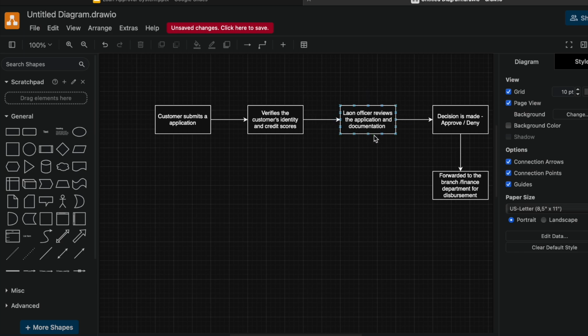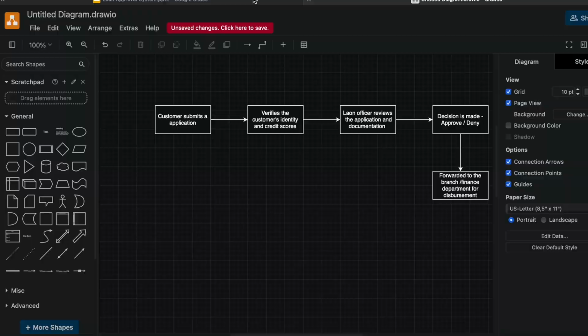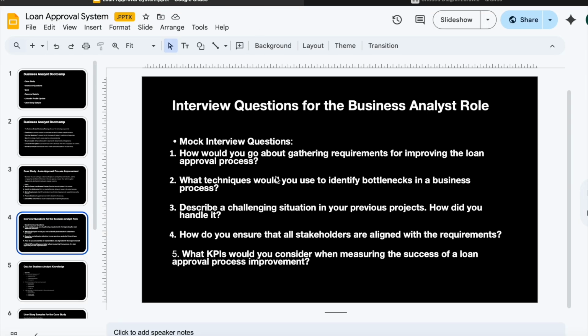So we can meet everyone, arrange a call, and study what the current state is. And also, if there is any documentation or any video, we can learn how this is happening, like what we mapped out here, right? So that's the first step of gathering requirements, right?